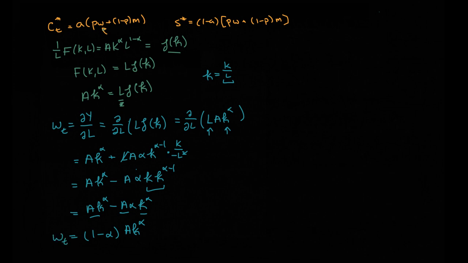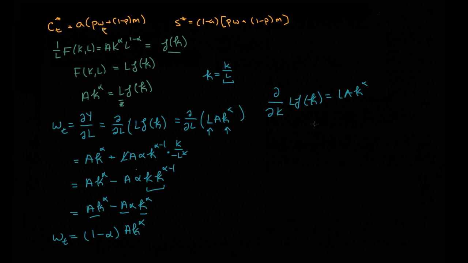Now for the interest rate, we can do something similar. It's just going to be the production function taken with the derivative with respect to capital. So we're going to go d/dK of L f of k, and that's going to be equal to, this time we just have the L times A k alpha.